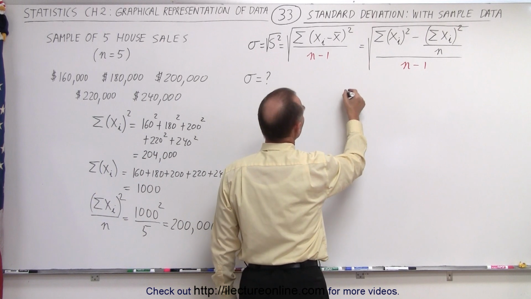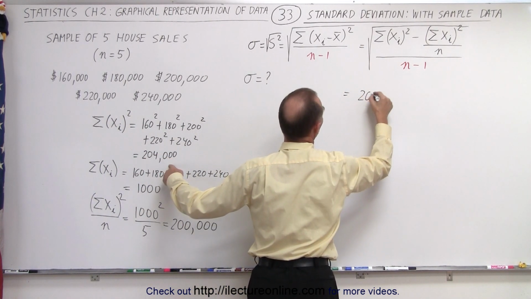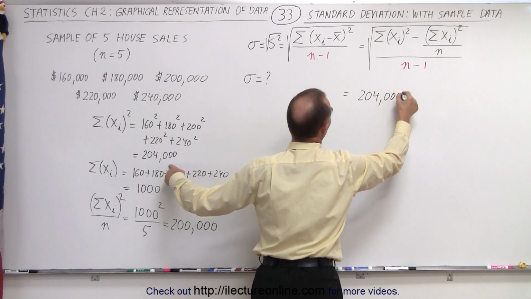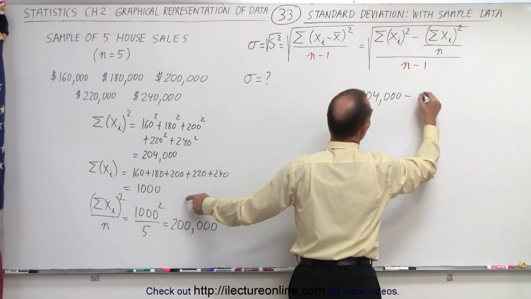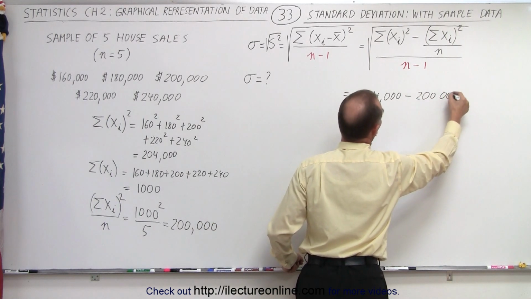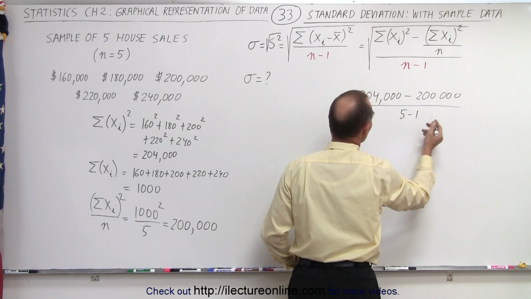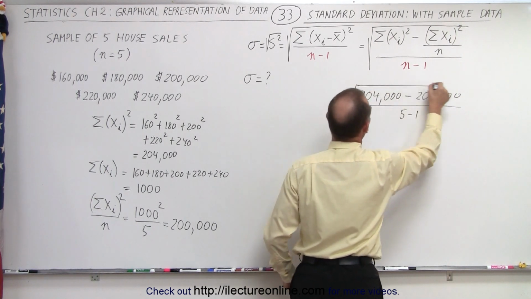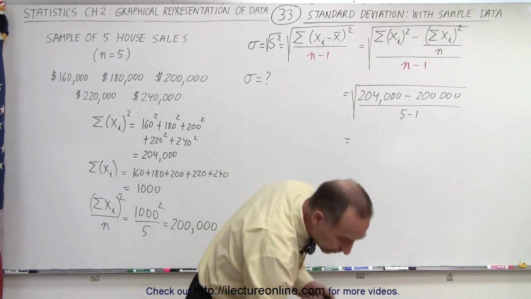So this is going to be equal to 204,000, and subtract from that 200,000, and the whole thing divided by n minus 1, which is 5 minus 1, which is 4. And then we take the square root of that. We'll worry about adding those 3 zeros back later.